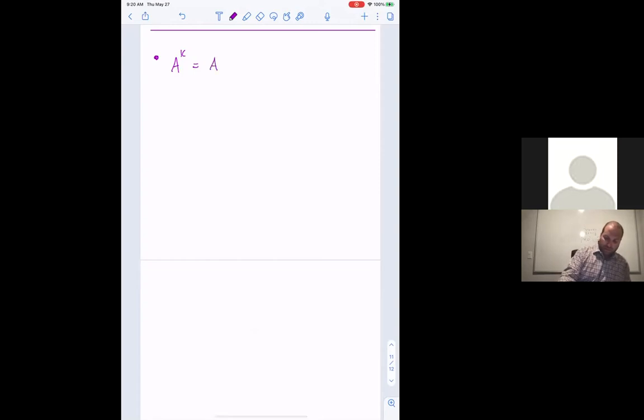So A to the k is just A times A times A, k times. Of course, this is only defined if A is square. Otherwise, the m by n dimensions have to match. The only way they can match is if m is equal to n. So we only define matrix powers if the matrices are square.